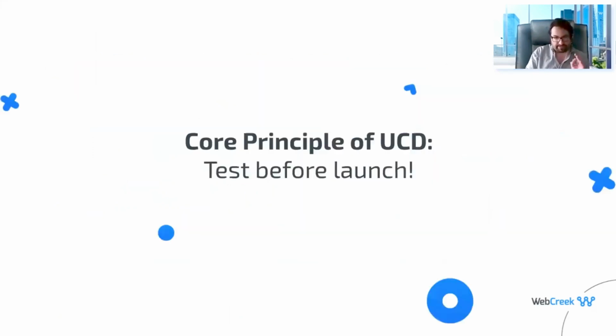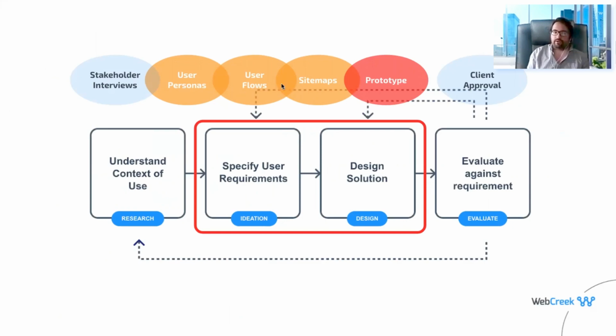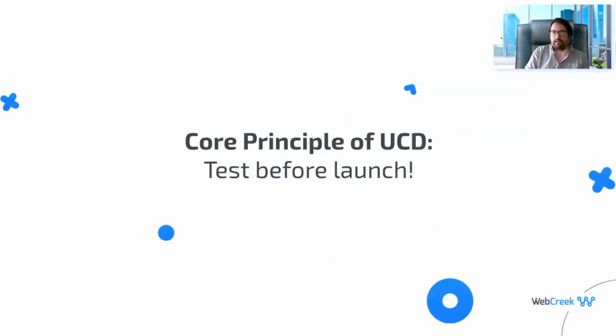But today, specifically, we're going to focus on user flows, sitemaps, and prototypes. We're going to have an introduction of what they are, how they are built, and we're going to do exercises for each in session number 4 and session number 5 of this workshop, okay?